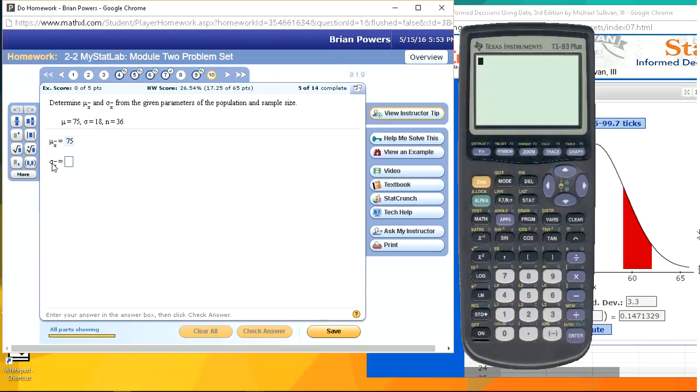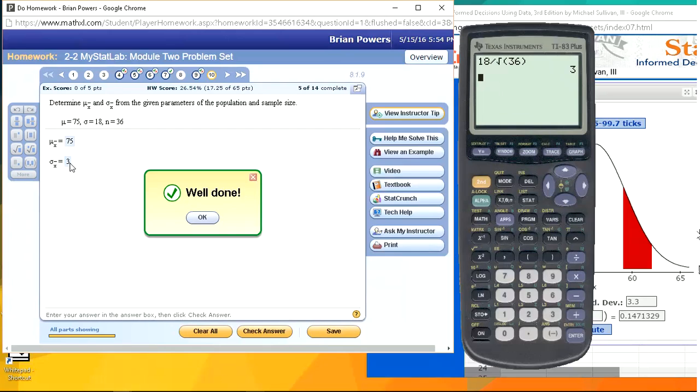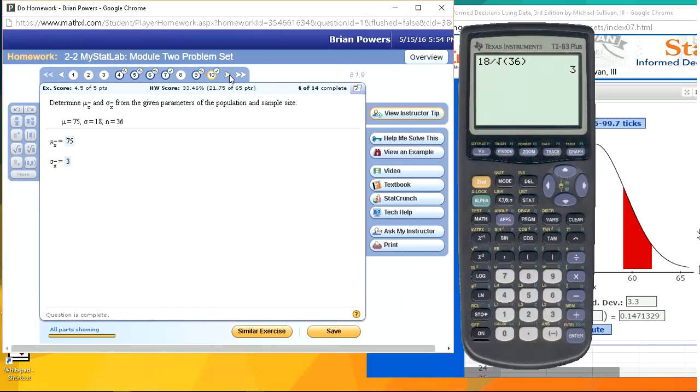The standard deviation, on the other hand, will be smaller, and it will be smaller by the square root of the sample size. So the square root of 36, I have to divide it by. So these are nice numbers. It's actually divisible by 6, but no harm in using the calculator for that.